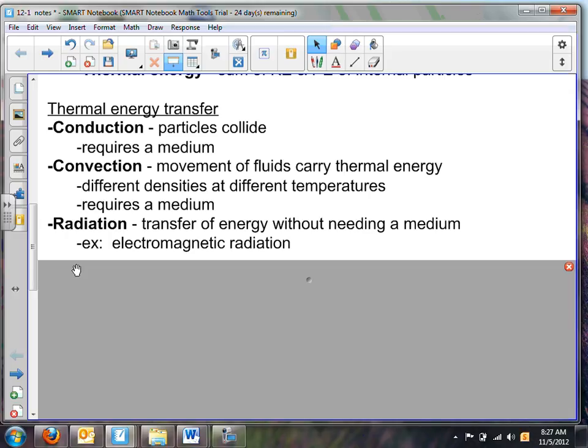So of the 3 methods to transfer energy, the first 2, conduction and convection, require a medium, and radiation does not. And we'll demonstrate these 3 in class as well.